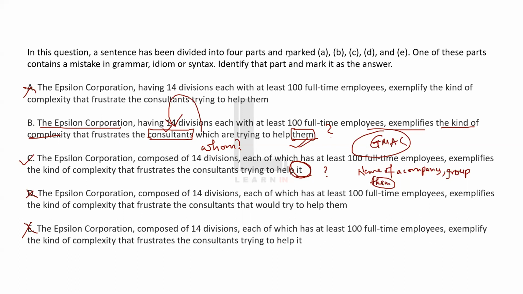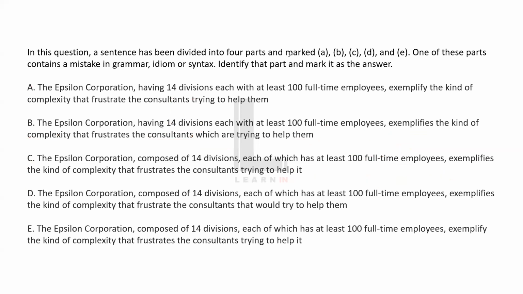So let us ease down a bit. Okay, what was the first thing? What do we need to do? Subject verb. Now this is a verb, exemplify, and frustrate was a verb. So you need to first notice each pair of subject and verb.